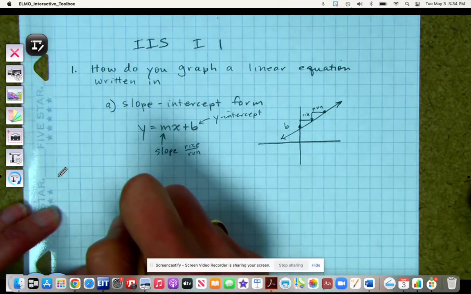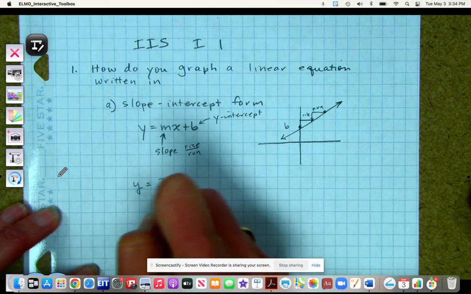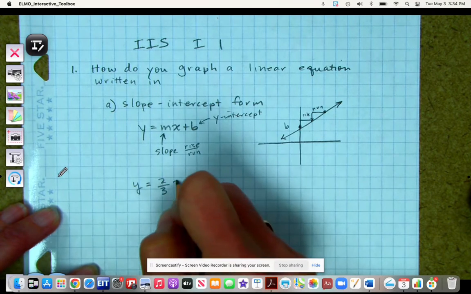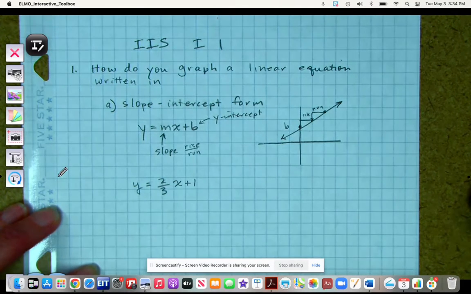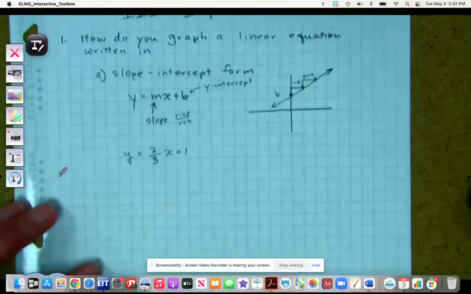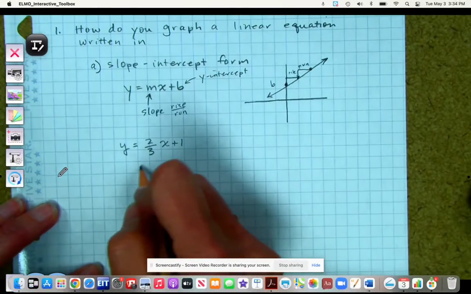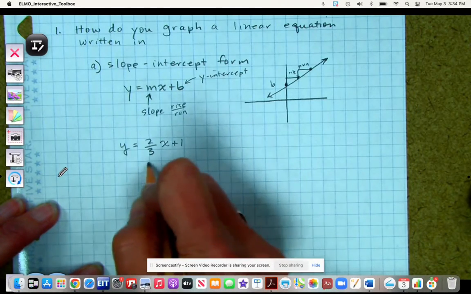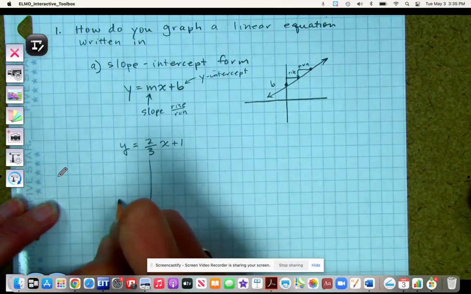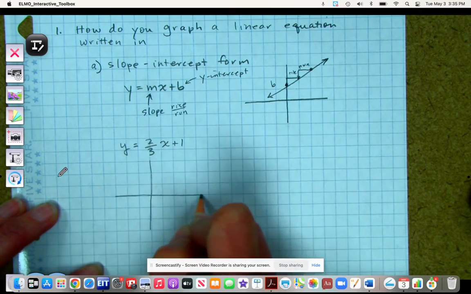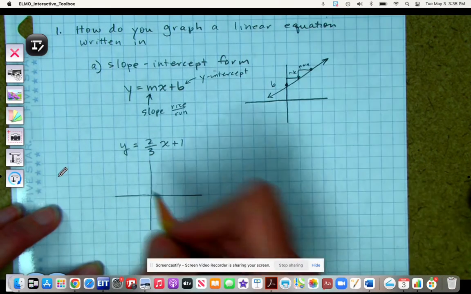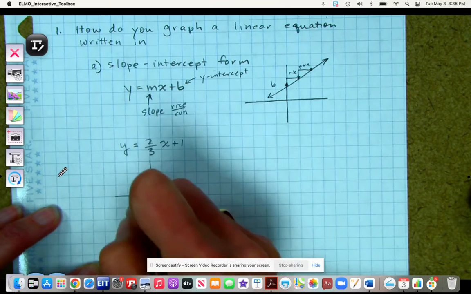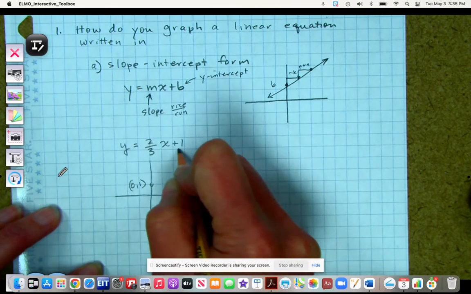So let's say we've got y is equal to 2/3 x plus 1. I'm going to make a graph of that. First thing I'm going to plot is my y-intercept at 1, so 0, 1, this value right here.